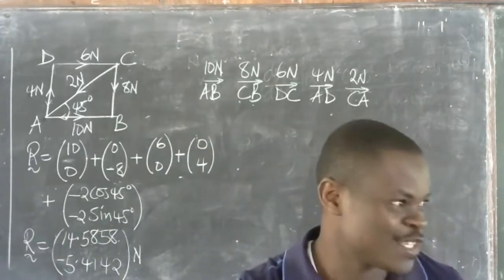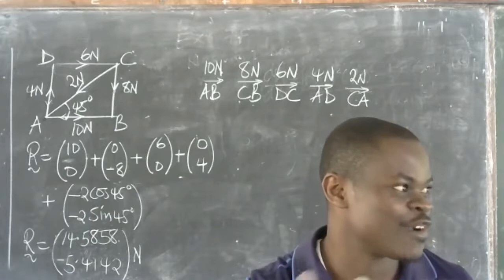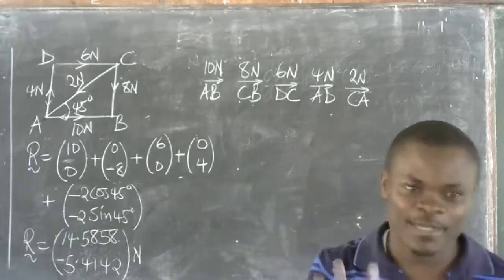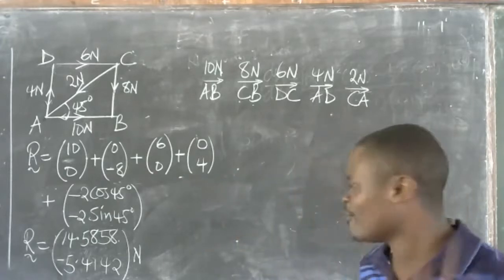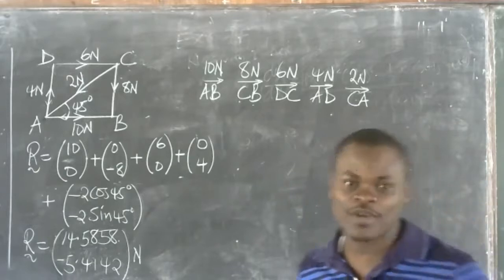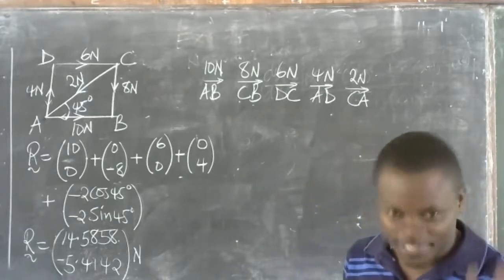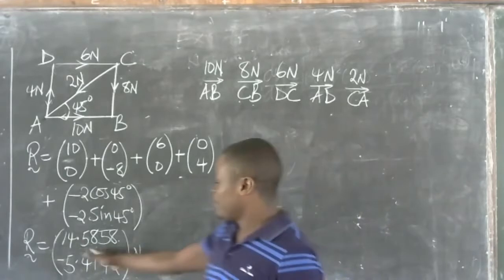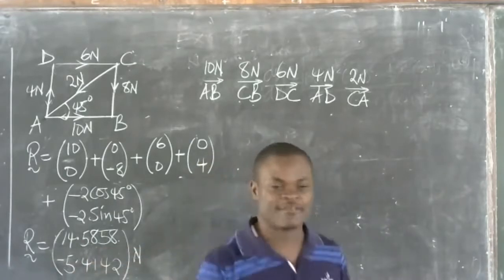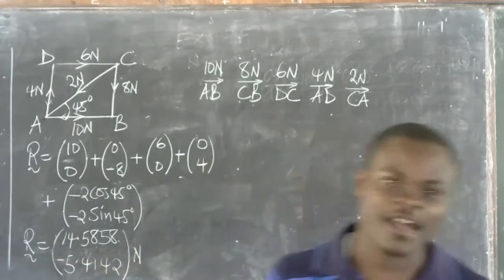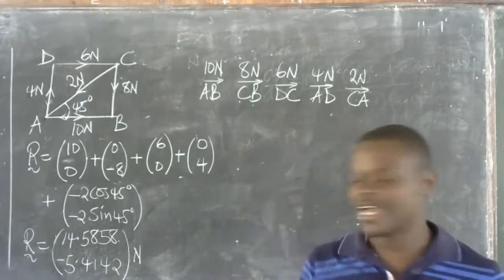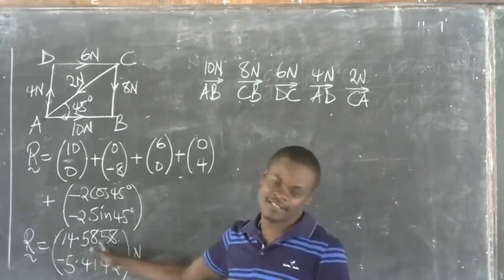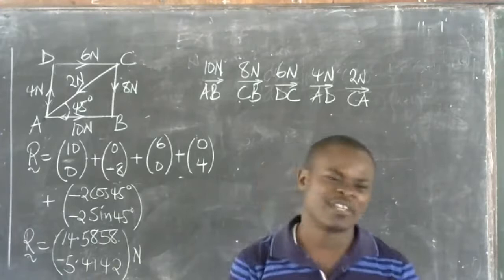This is not physics, not econ, not geography. Applied mathematics. We want a minimum of 4 decimal places and make sure they are rounded off correctly. Now, some people will even underline this as the resultant, even if you talk about it 100 times. Those are components of the resultant.